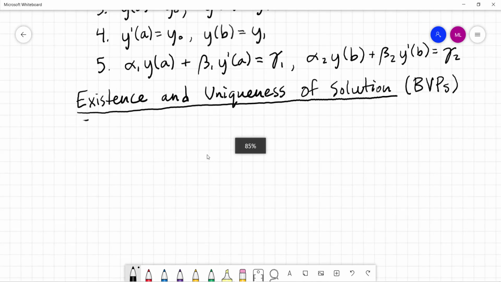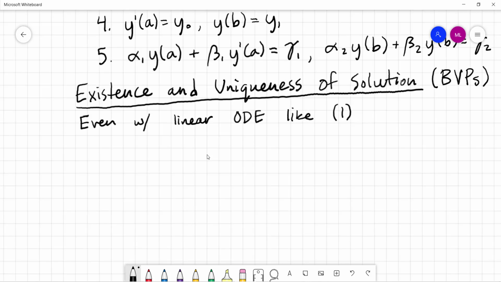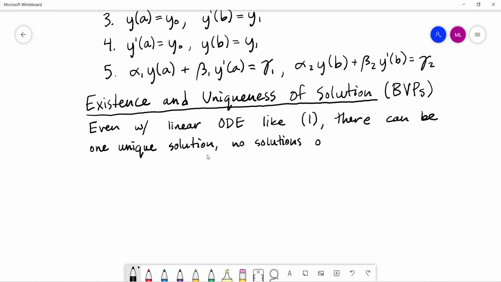The idea is that even with a linear ODE, like the one that we specified, like equation 1 up there, there can be one unique solution, no solutions, or infinite solutions, depending on the boundary values specified.